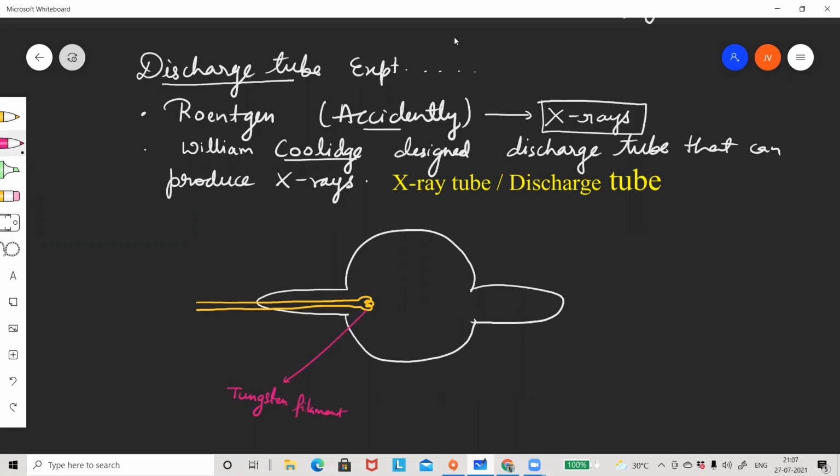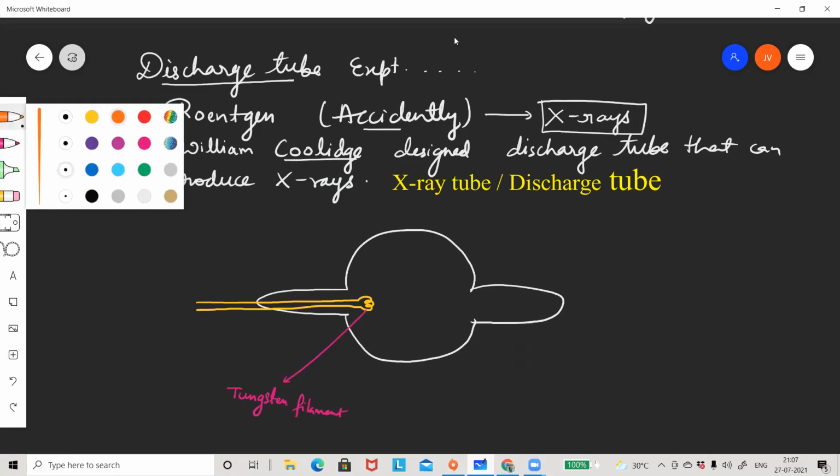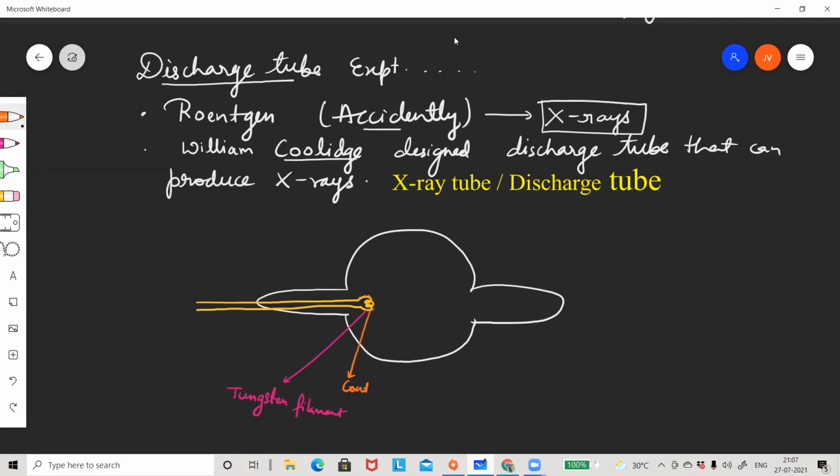And this tungsten filament is coated with barium oxide. I'm writing barium oxide instead of the formula because different oxide forms may be present. So the tungsten filament will be connected to the negative terminal. That is, this will behave like the cathode.